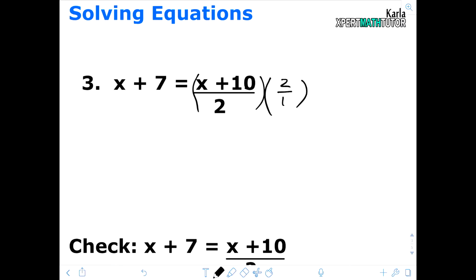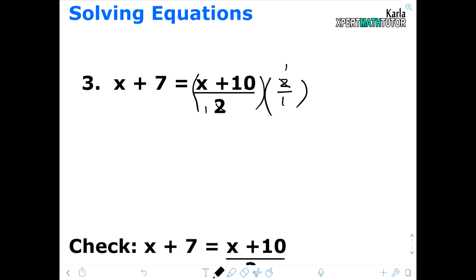The 2's will reduce to 1's, and they'll be gone, right? And I'll just have x plus 10. So now my fraction is gone. It's vanished, and that's what I want to see.